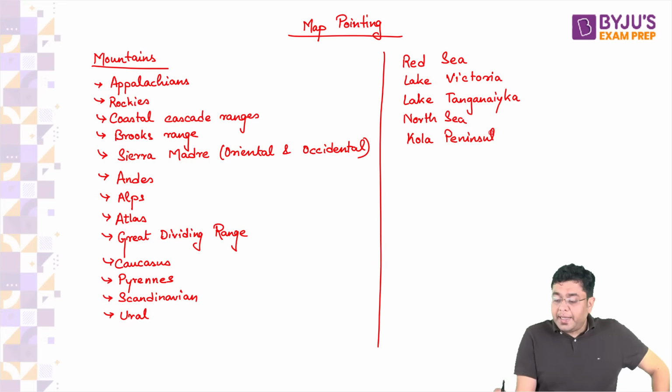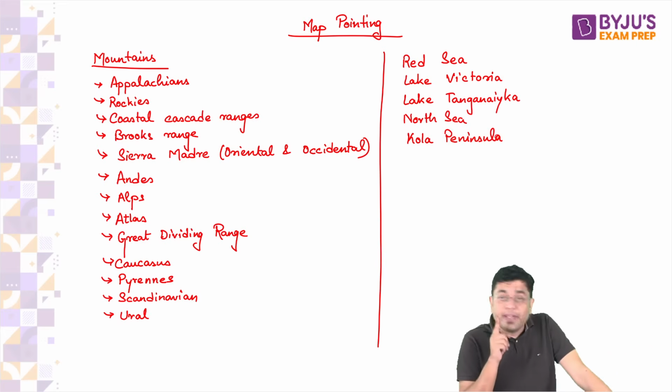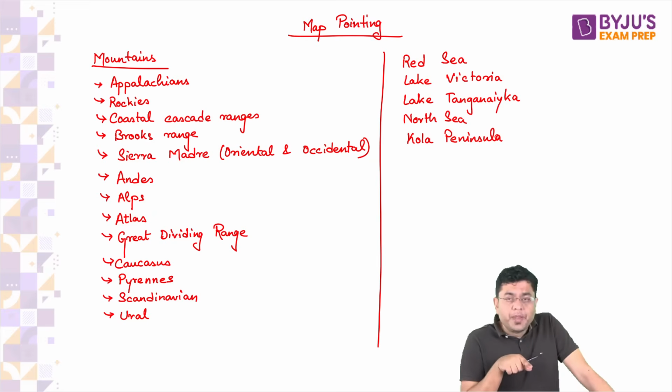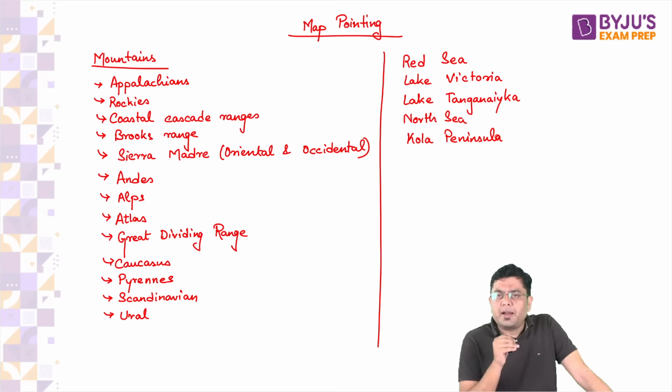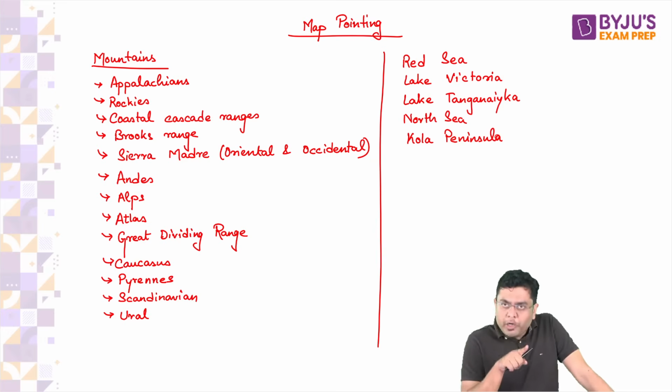When I tell you to take a look at these portions in the map, I don't want you to behave like a class 6 student. I expect some amount of maturity. A class 6 student would type this on the system, find it, and be happy thereafter. I want you to take a look at the location. Which part of North America is the Appalachian located in?